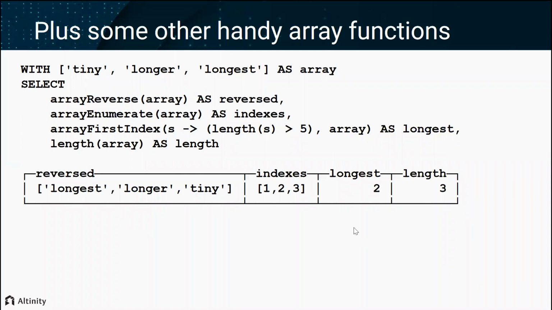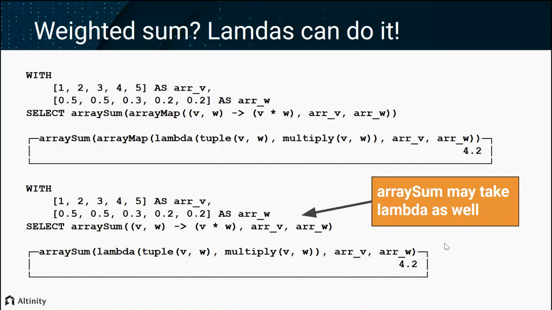Next slide, we will look into weighted sum. So how can we calculate the weighted sum of array elements? Certainly you can do it with array map and array sum, as in the top example. First we multiply two vectors using array map, and then we just sum the vector together in order to calculate the sum.